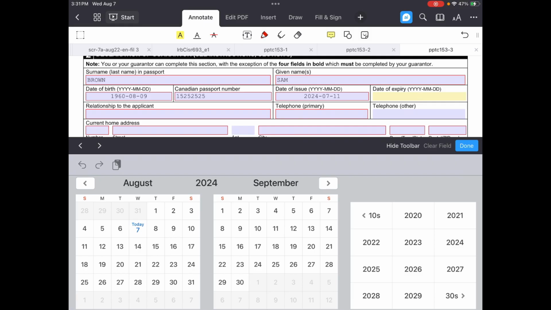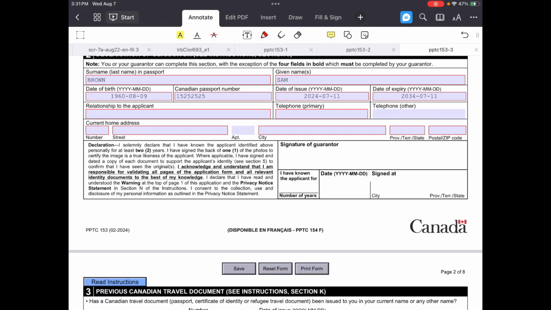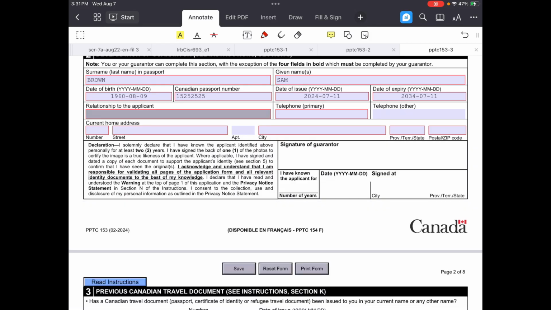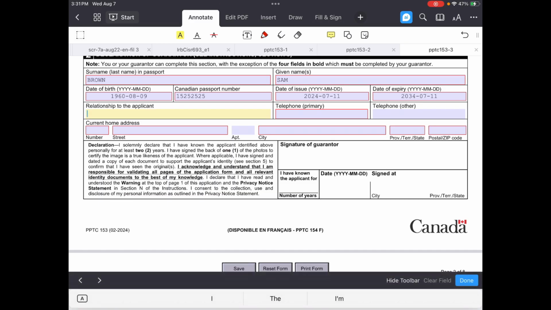So we're gonna say their passport is going to expire on 2034, 07011.